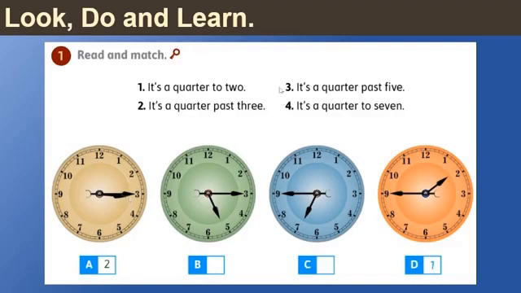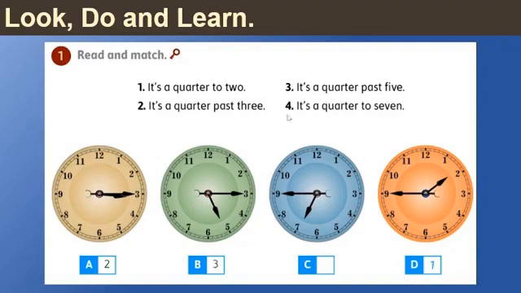Now let's do sentence number 3. It's a quarter past 5. So which clock tells this time in sentence number 3? Alright, that's it. It is B, as you can see.